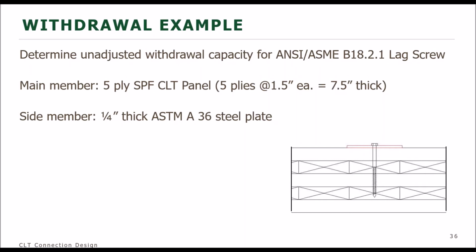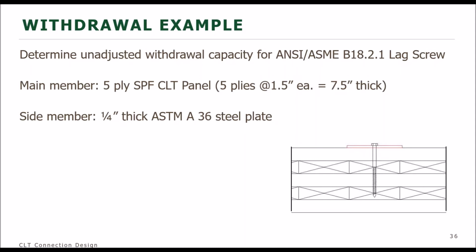We're just going to determine the unadjusted withdrawal capacity for a standard lag screw. The main member we're going to use for this example is a 5-ply SPF panel. We're going to assume each ply is 1.5 inches thick, so we have a 7.5-inch thick panel.